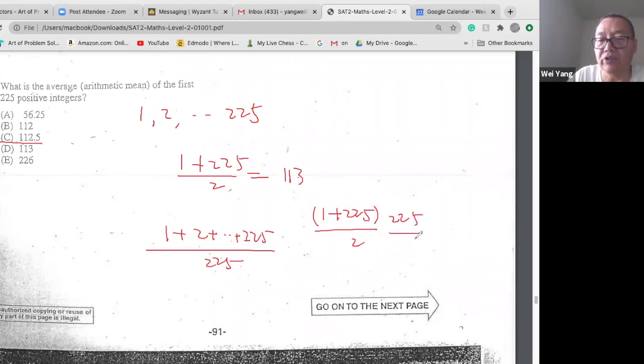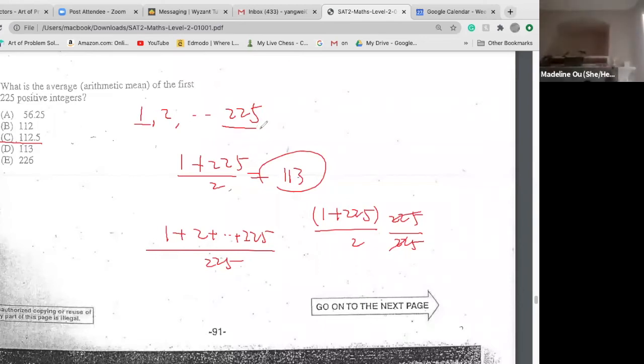Then later you also need to divide by 225. So the correct answer is 113. How did you get C? I just divided 225 by 2. No. You need to add the first number with the last number, then divide by 2. First number plus last number, then divided by 2.